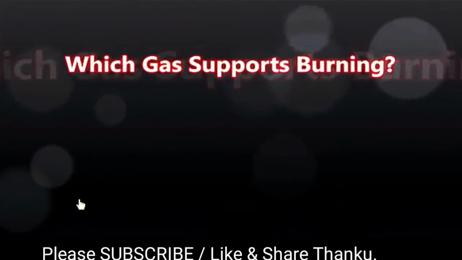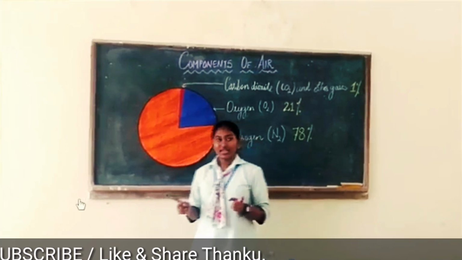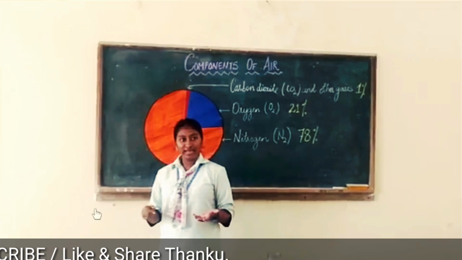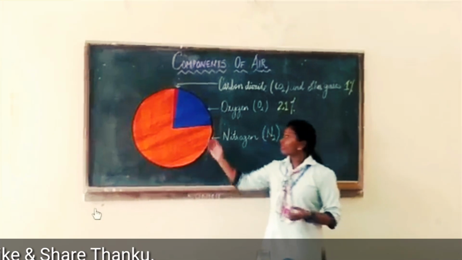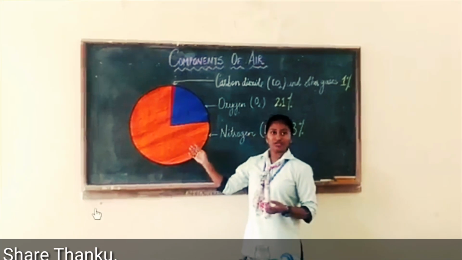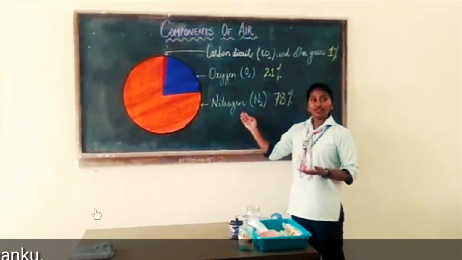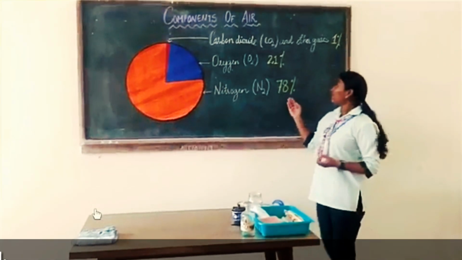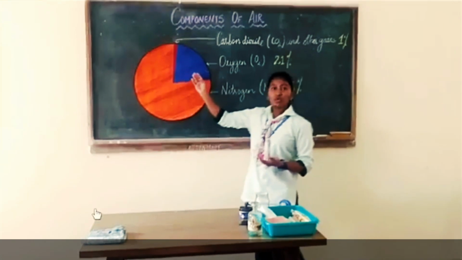Now the question before us is, which gas supports burning? So now this particular girl is telling us about the different components of air, and she says that air is made up of different gases. For instance, nitrogen, oxygen, carbon dioxide and other gases.